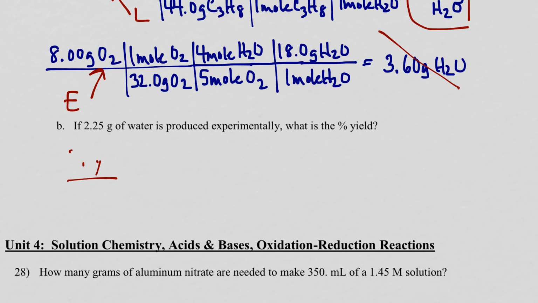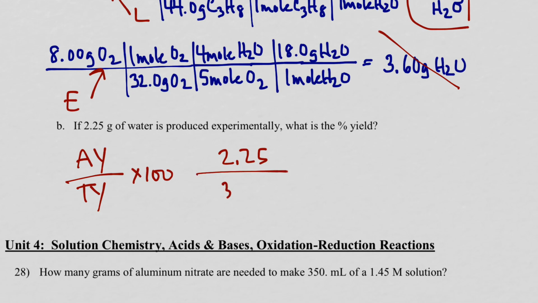Give me just a second here to erase this. Your actual yield, AY, over TY, your theoretical yield, times 100. So in this case, the actual yield was 2.25 grams, theoretical yield was 3.27 grams, times 100. Your percent yield is 68.8%.